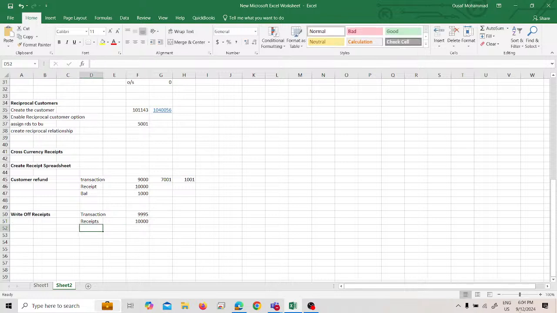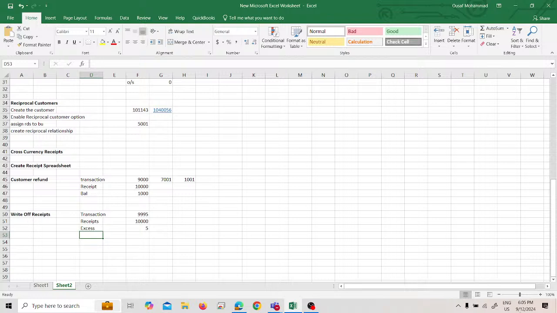So there is an excess balance of $5. What will we do for the $5, because the customer neither wants to adjust it nor wants it refunded? There will be the option of write-off receipts in Oracle Fusion.